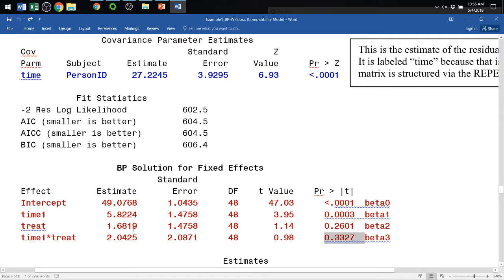But even though it's not significant, we can still interpret the fixed effects for practice. So I could say either that the change becomes more positive by 2 in the treatment group relative to control, or to go the other way, I could start with the main effect of treatment and say the group difference is more positive by 2 at post-test.